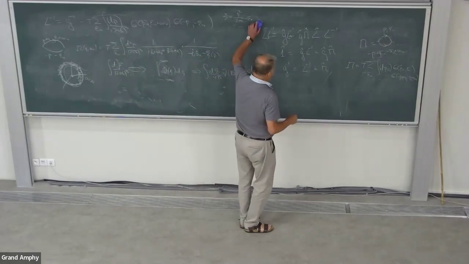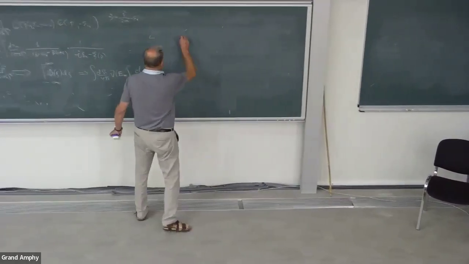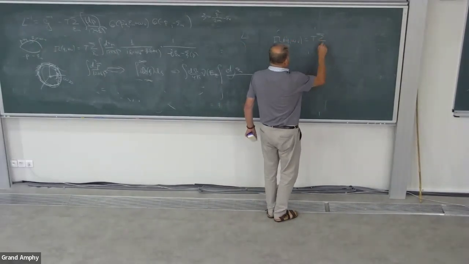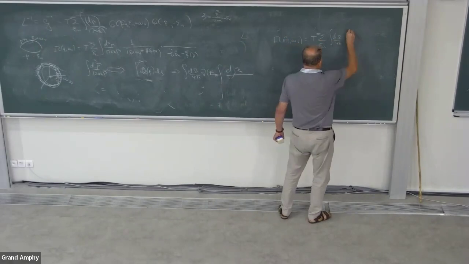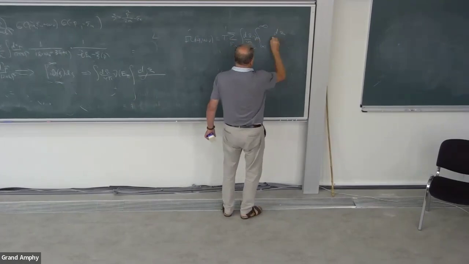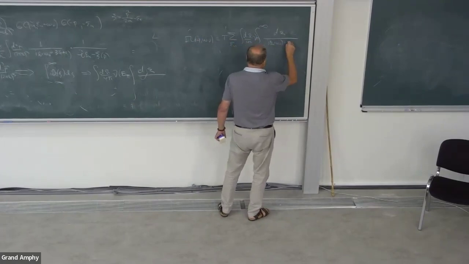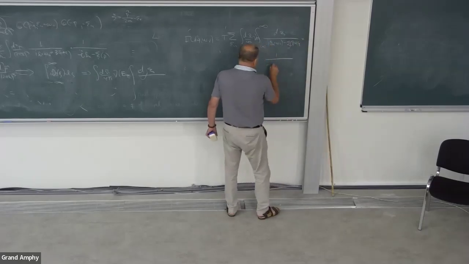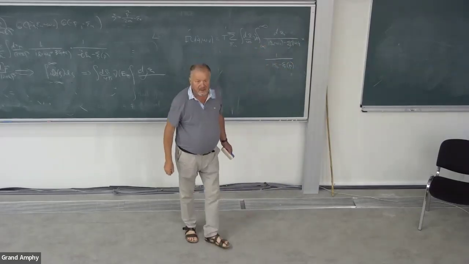Because if I now pass to the calculation of P, so P of omega nu will be T sum over epsilon n, integral d omega over 4 pi, integral from minus infinity to mu at the Fermi level d psi, 1 over i epsilon n plus omega nu minus psi of p plus q, multiplied by 1 over minus i epsilon n minus psi of p. That's all.